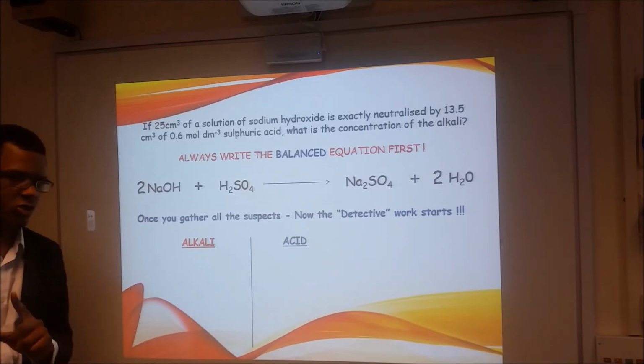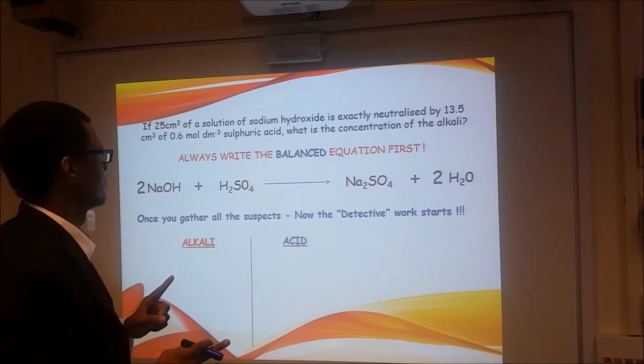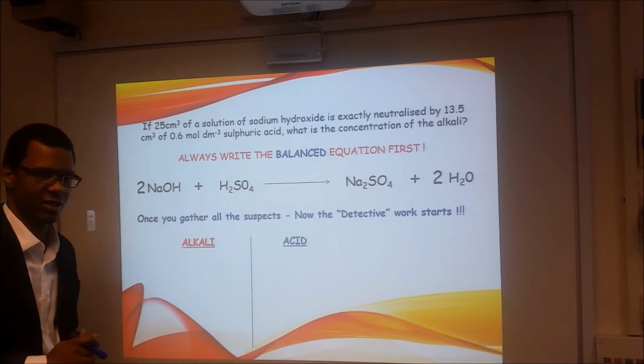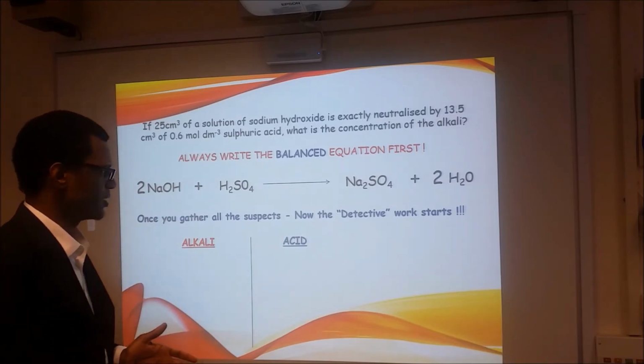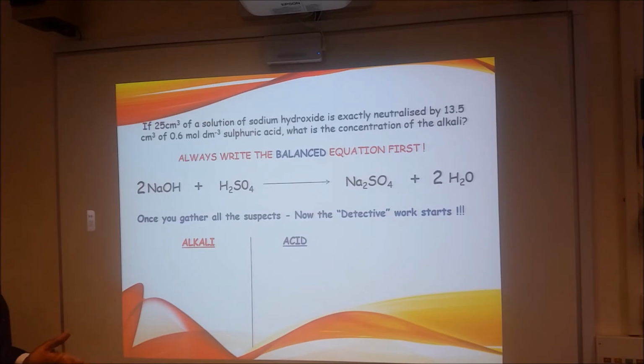We want to find the concentration of the alkali. The first thing you need to do is to write down a balanced equation. So that's 2NaOH + H2SO4 gives us Na2SO4 + 2H2O.